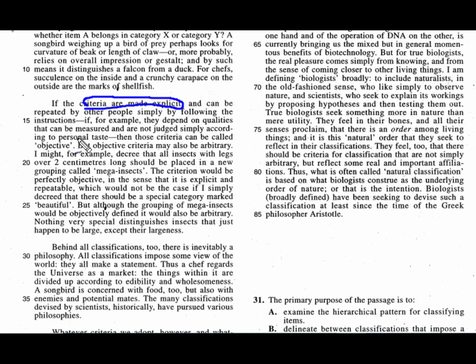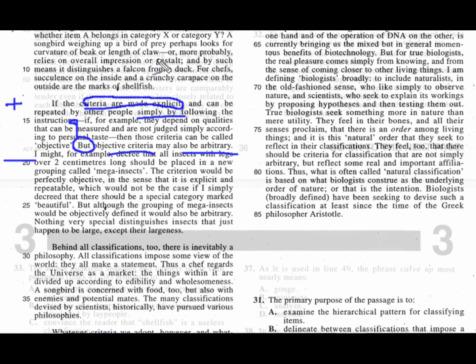I come down over here. I see a pirate flag. That tells me that they're going to switch. If the criteria is made explicit, it can be repeated by others simply by following directions. Positive. Pirate flag here tells you that whatever they say here is going to have to be negative. But objective criteria might also be arbitrary. All right, easy.